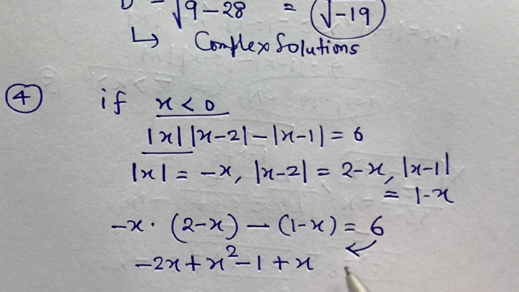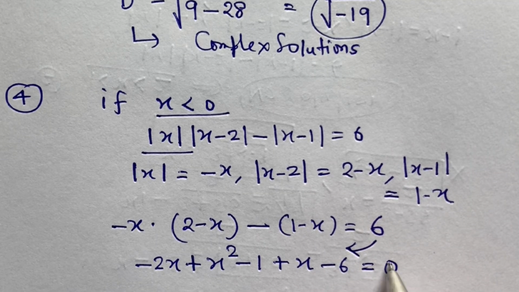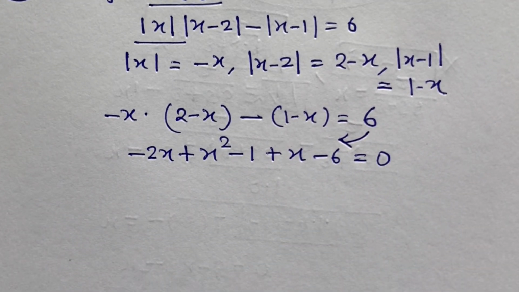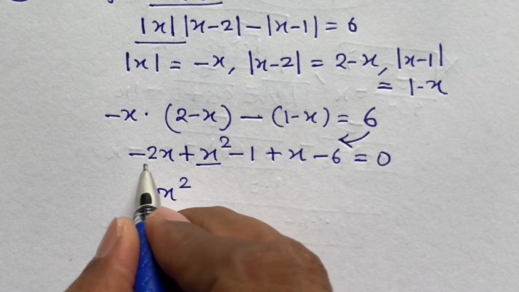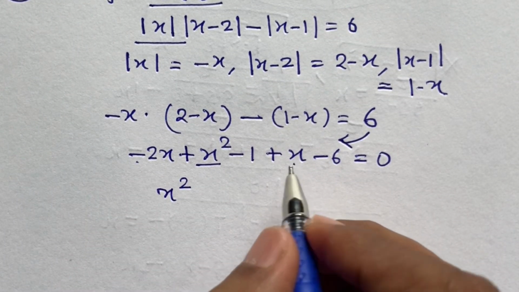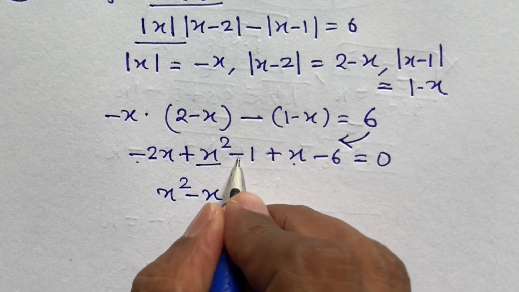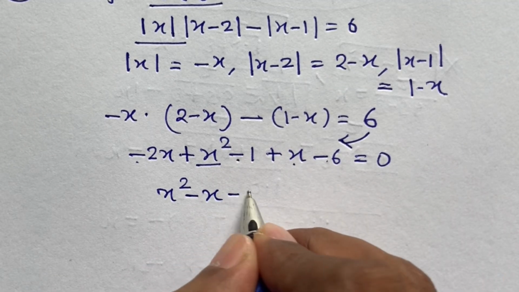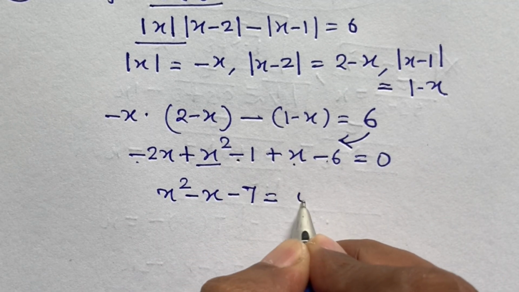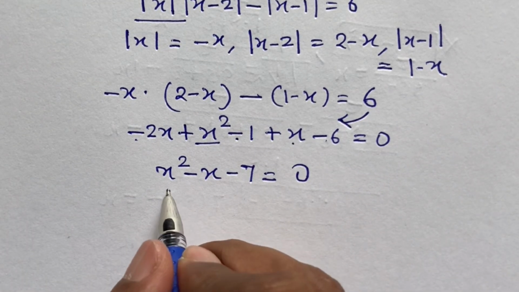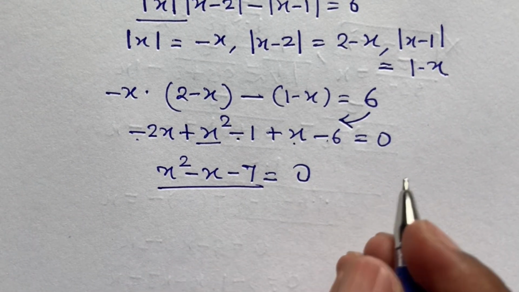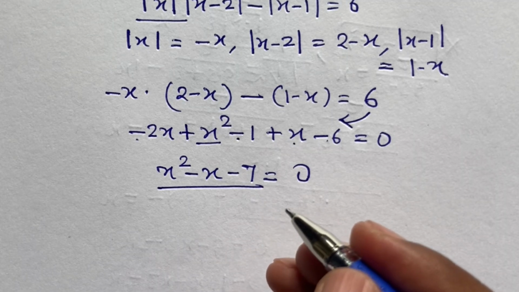Take 6 to this side, minus 6 equals 0. Or this is x square minus 2x plus x, which is minus x, minus 1 minus 6 is minus 7, equals 0. So again we are going to check for this quadratic equation if it has any real solution.